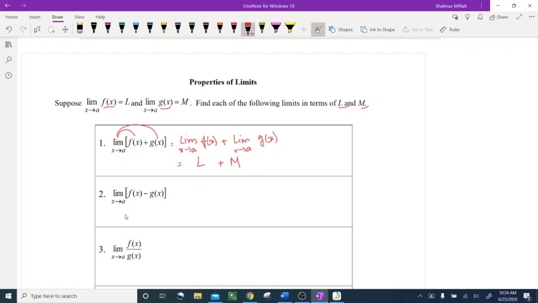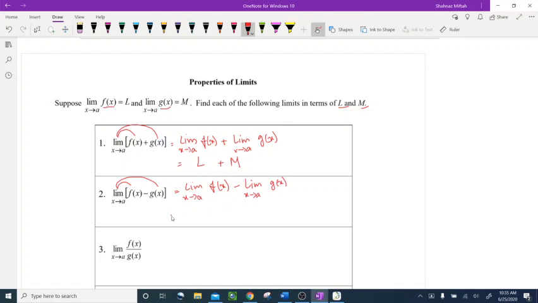Okay, let's go to the next one, and this will be the same thing. You're just distributing the limit as x approaches a. So I'm going to write the limit as x approaches a of f of x minus the limit as x approaches a of g of x. Now, if you pay attention here again, I'm looking for the limit of f of x and subtracting the limit of g of x.